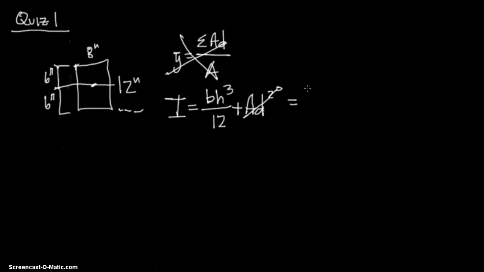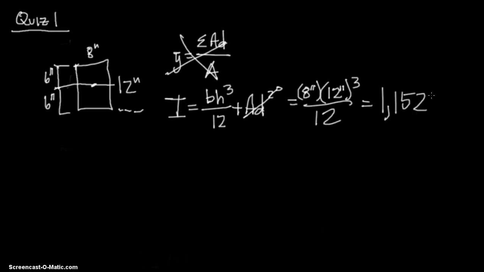So we have the base, which is 8 inches, times the height, which is 12 inches, cubed over 12. The calculator says 8 times 12 cubed divided by 12 is 1,152 inches to the fourth.